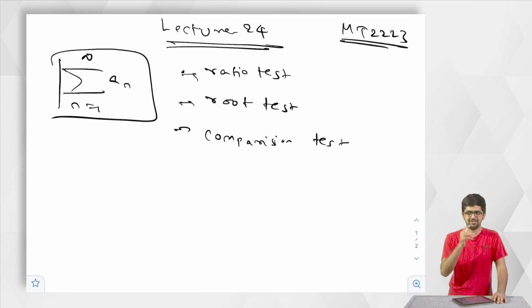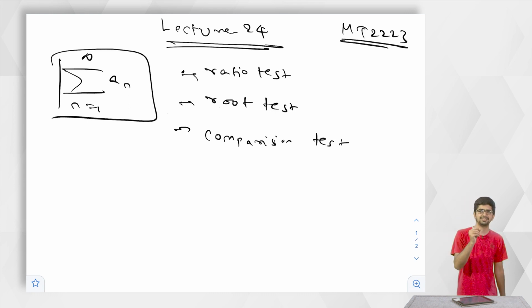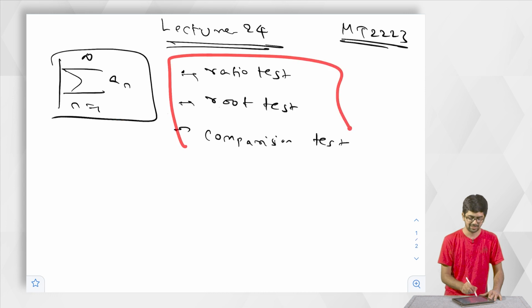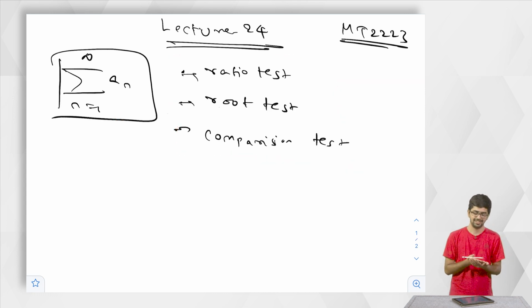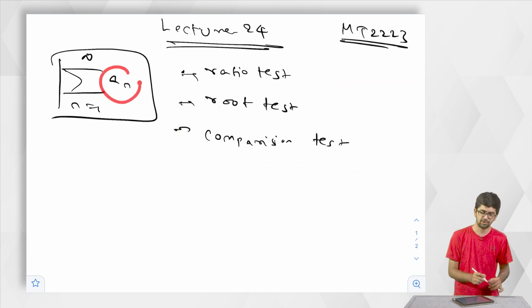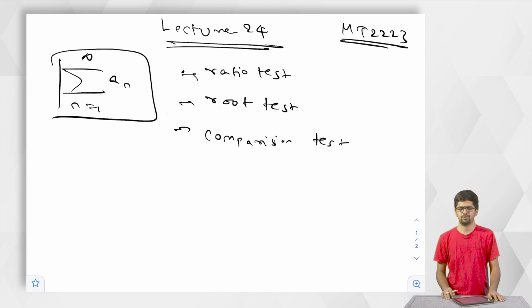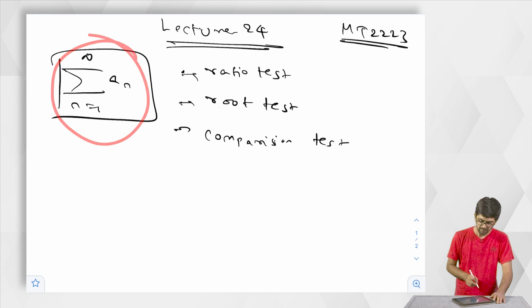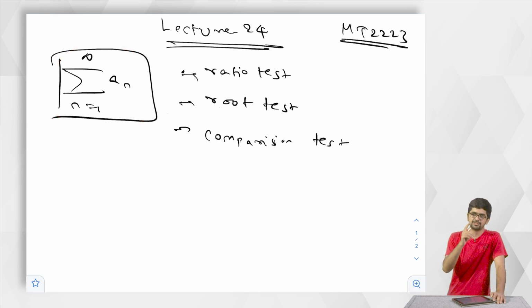We are focusing on sequences that converge to 0, only then convergence of the series makes sense. It is not a test, but that is the starting point. If the sequence does not go to 0, then there is no question of looking for convergence of that series. It does not converge, that we already know.